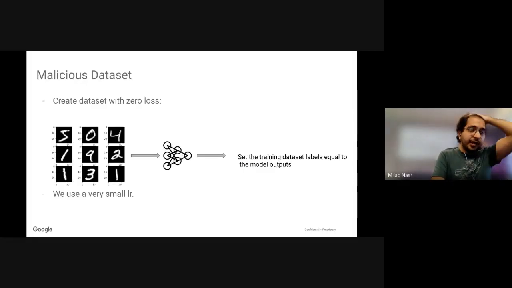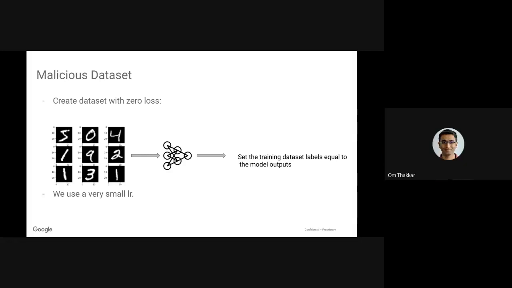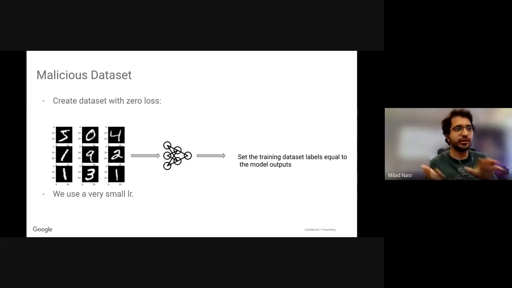By now we have a very tight attack against DP-SGD, but we also try to evaluate all of the assumptions in DP-SGD. One other assumption in DP-SGD was that the dataset can be a worst case dataset. So we want to create a very malicious dataset to take advantage of that assumption.